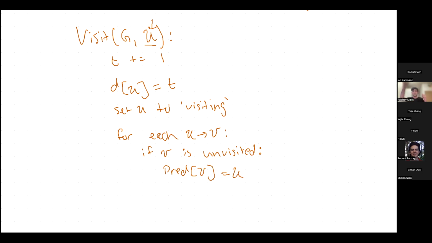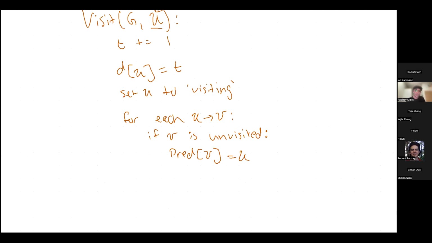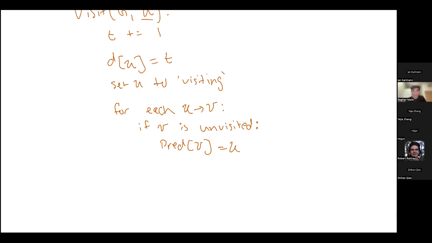The way we're visiting V is via the edge from U. So we set the predecessor, and then we visit V recursively.